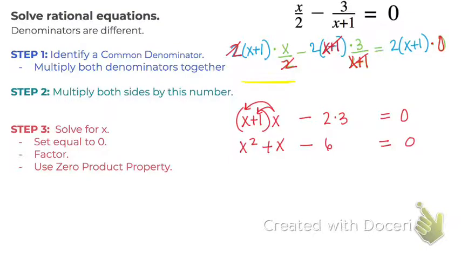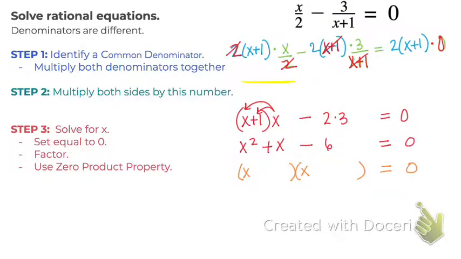Now, since it's already set equal to 0, we can factor to solve this quadratic equation. So we need to remember that when you have x squared as the first term, then we can set up 2 parentheses here and put x at the beginning of each set of parentheses.